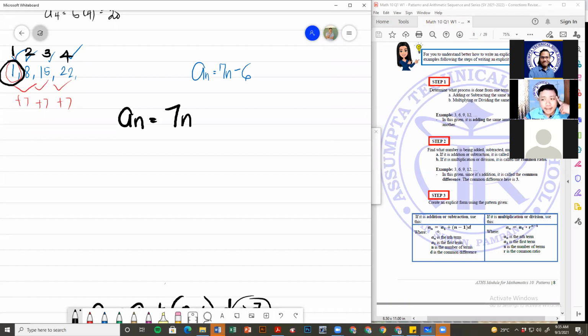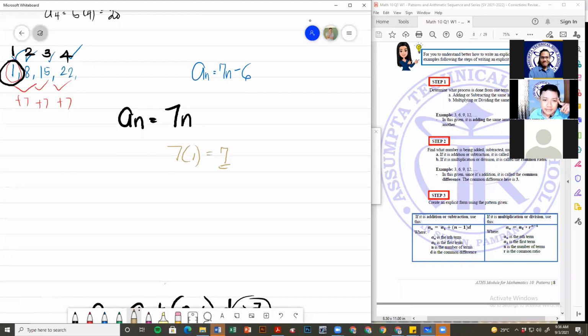So, in my mind, let's try to work this out in our mind. 7 yung pattern, and then my n. That's the number of terms. So, imagine natin, 7 times 1, that becomes 7. Tama? 7. However, our first term is 1. What should I do with 7 to make it 1? Sige nga.